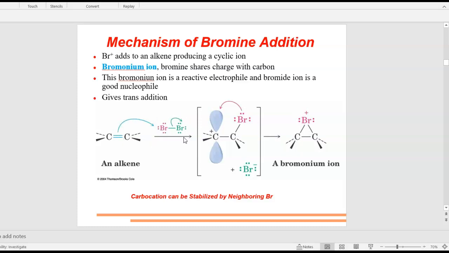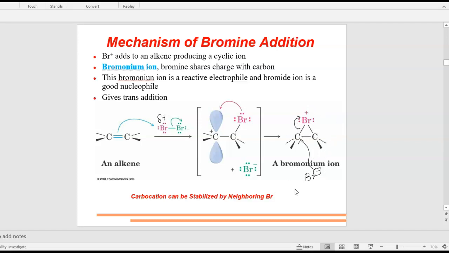So one of the Br takes up the electron pair, making this delta positive. So the nucleophile-electrophile attack happens and it forms a bromonium ion intermediate of this kind. Once this is formed, now the next Br atom, or the Br that was kicked out in the first place, this one, is going to do a backside attack, right? Because it cannot attack from the other side because it's blocked by this ring, right? So it goes from the back, pushes these electrons over here.